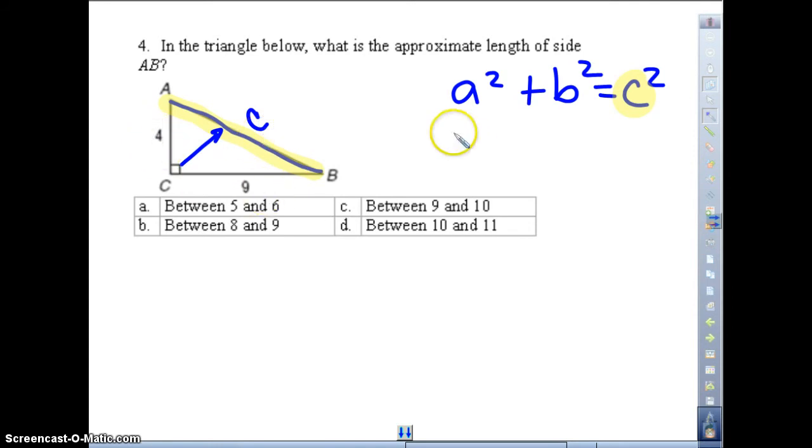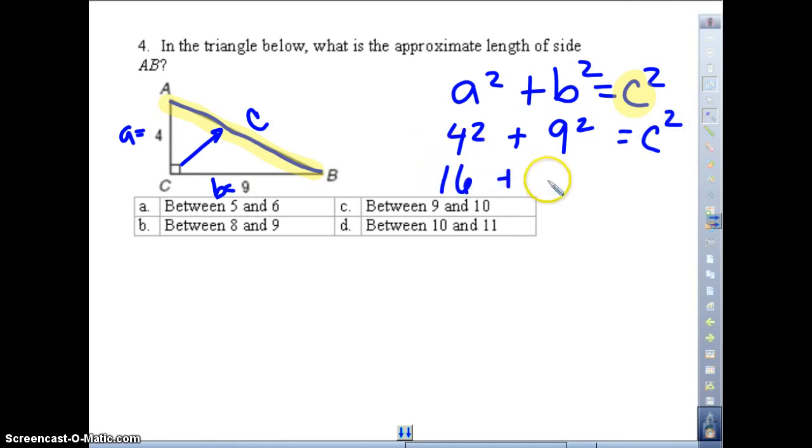Plug in the numbers you have. 4 squared plus 9 squared. We're going to call that A, and this one B. It doesn't matter which is A or B, but C is the important side. Now we're going to square them. 4 times 4 is 16. 9 times 9 is 81. The next step is to add these two together.